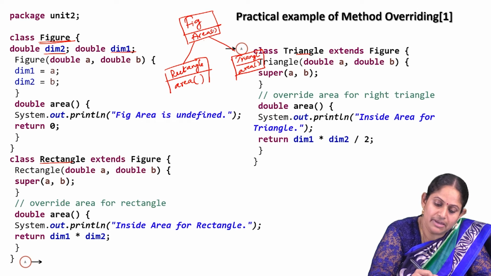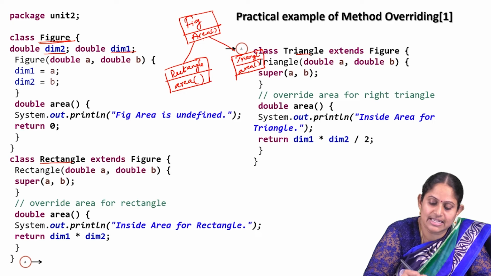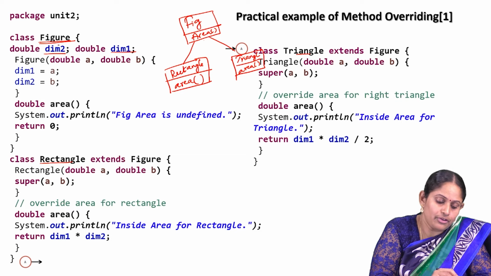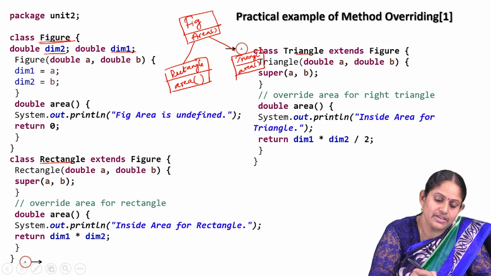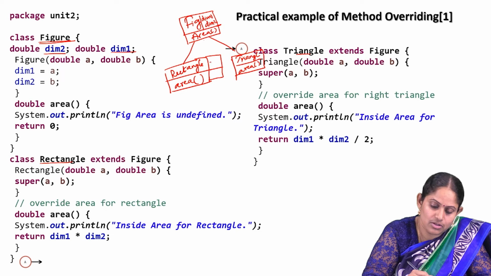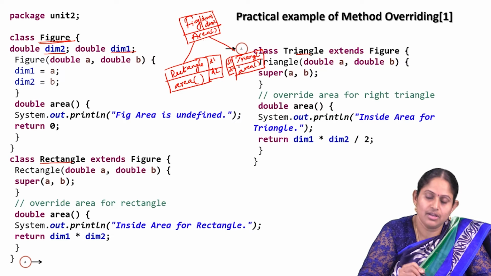So whatever method was available in the parent class Figure is overridden inside the rectangle and the triangle classes. For the Figure we have two instance variables, dimension 1 and 2. Those will be available here also. Here also we'll have dimension 1 and 2.